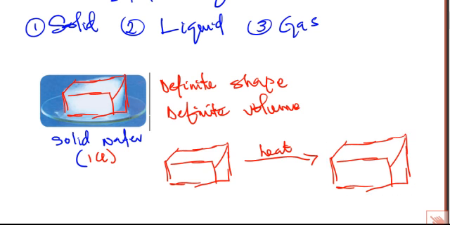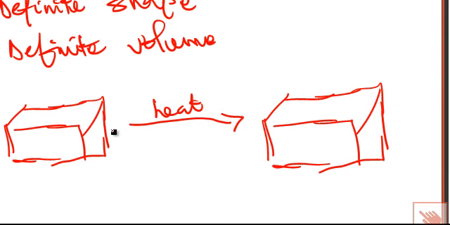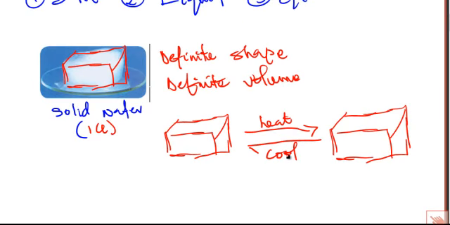And the opposite will happen if the substance is cooled. So cooling, that is reducing temperature, contracts a solid, while heating expands a solid. So those are the three properties of solids.